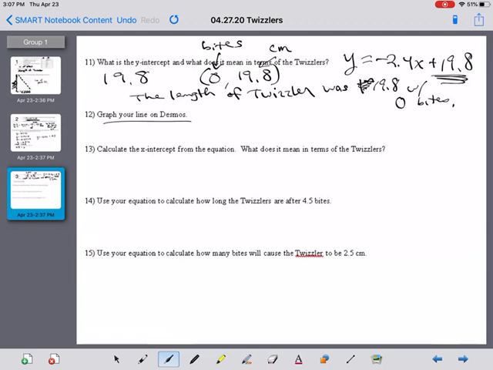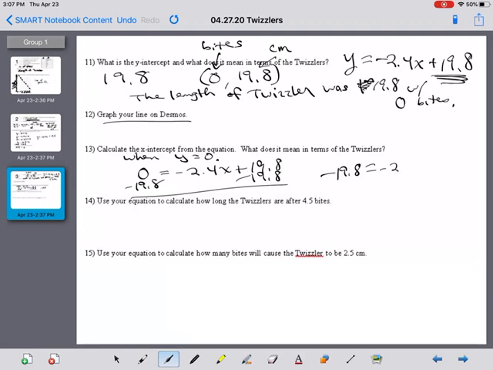Okay, we graphed it on Desmos already. So now calculate the x-intercept. So the x-intercept is when the y equals 0. Remember that? So now take your equation, plug in 0 for y, minus the 19.8 to both sides, divide by negative 2.4, and x will equal 8.25 bytes.